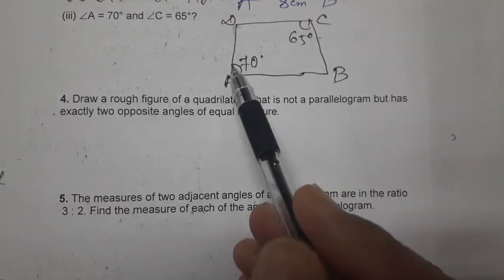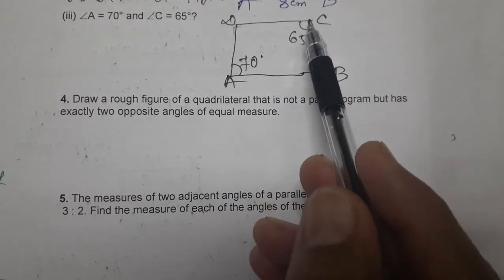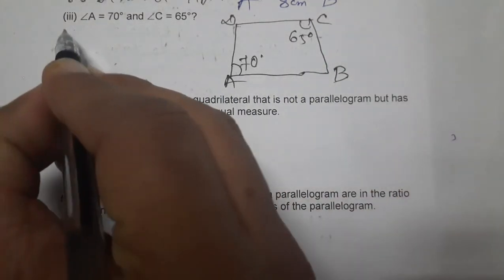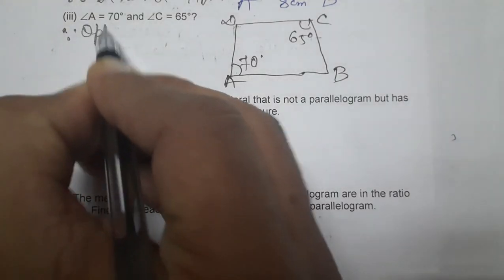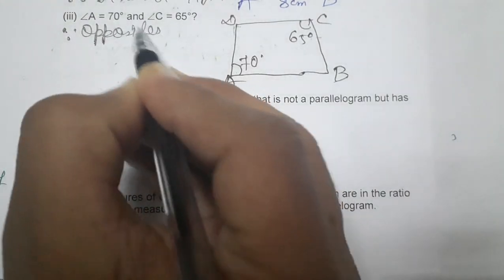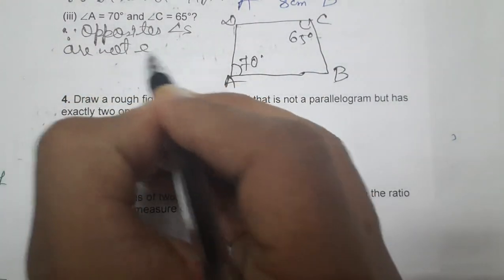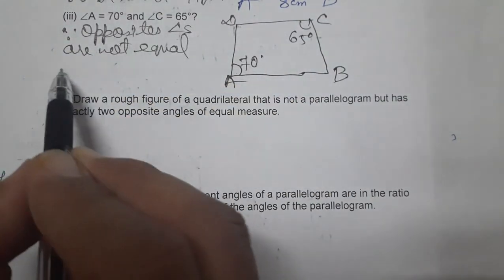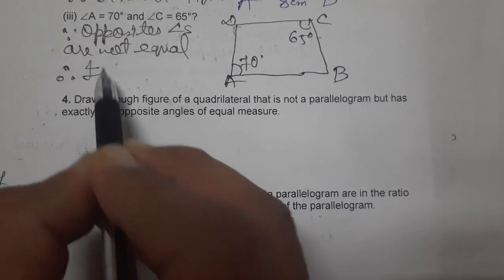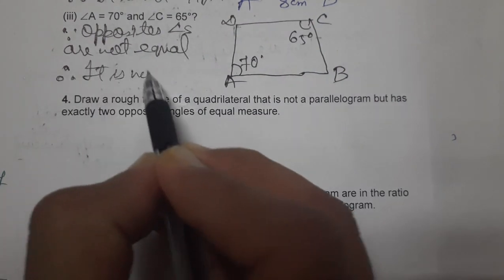And here, these two angles are not equal. Since opposite angles are not equal, therefore it is not a parallelogram.